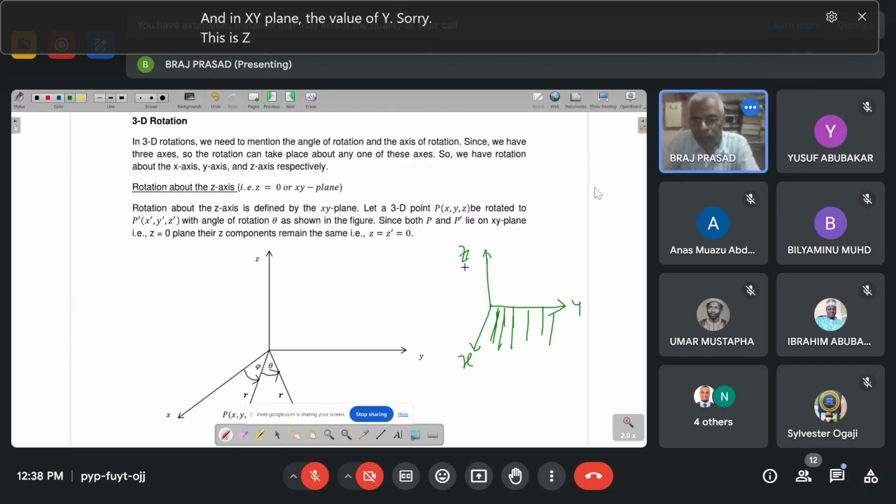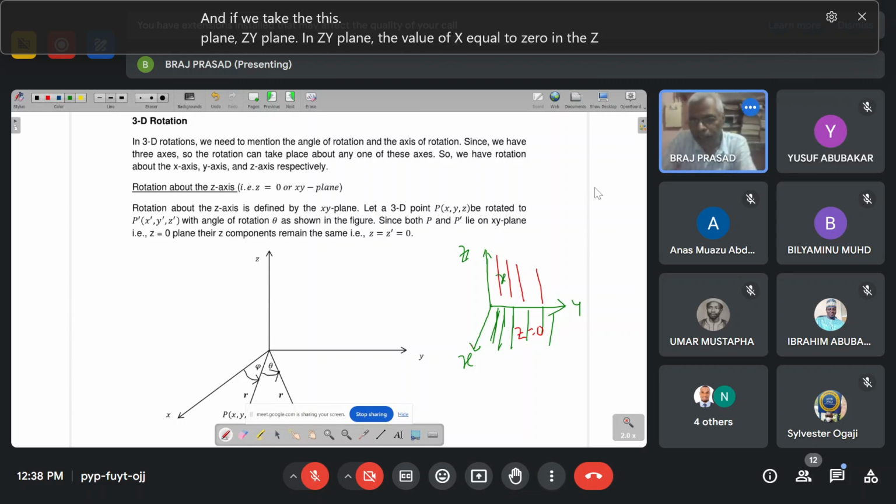In this xy plane the value of z is 0, because the plane is in the xy plane. And if we take the zy plane, in the zy plane the value of x equals 0.